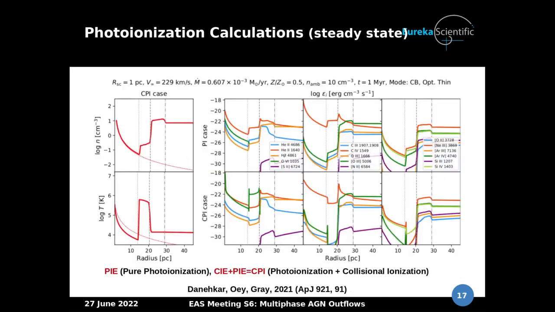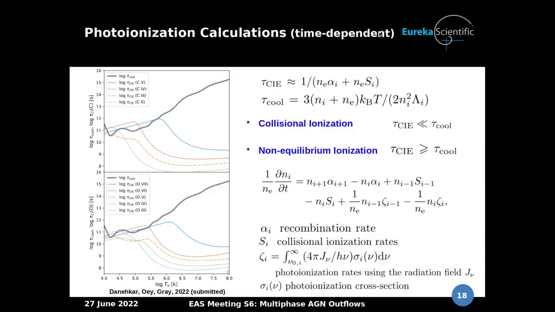And so this produces photoionization plus collisional ionization. Another thing is time dependence effects, which show their effect in non-equilibrium ionization, when the time scale of collisional ionization is much larger than the time scale of radiative cooling.